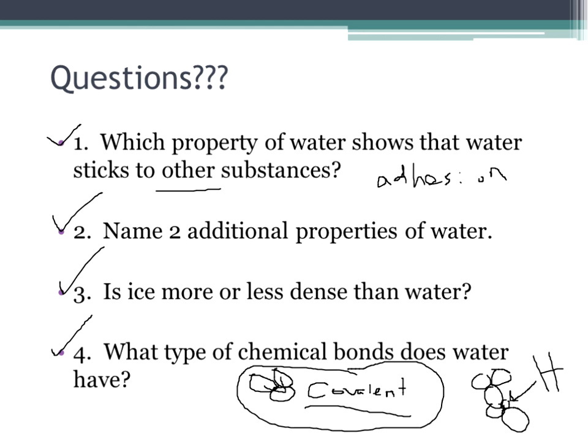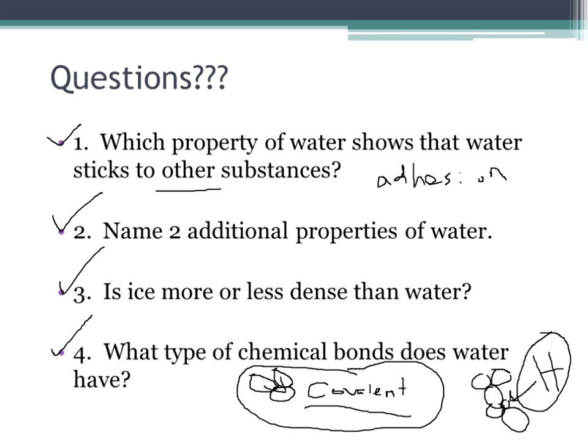This bond here, guys, is 20 times stronger than this bond here. Water molecules can break apart pretty easily, but the water molecule itself is a lot harder to break apart. That's why it's a covalent bond, 20 times stronger than the hydrogen bonds that hold other water molecules together.